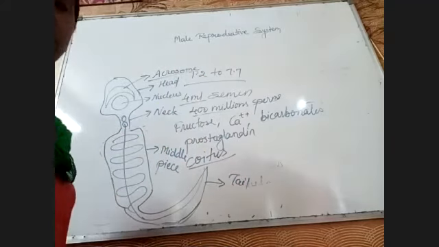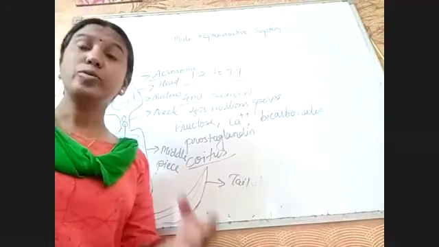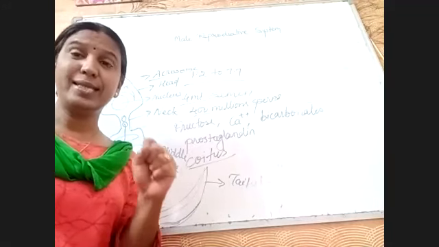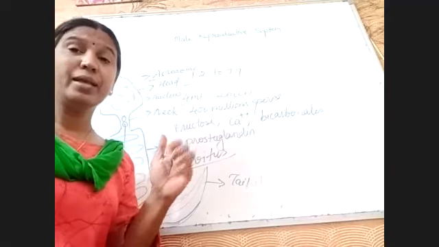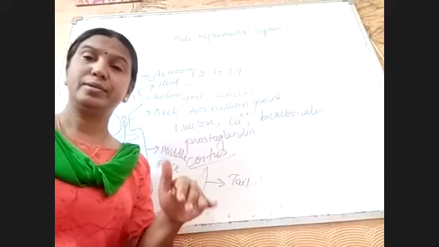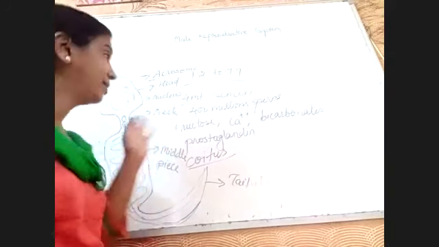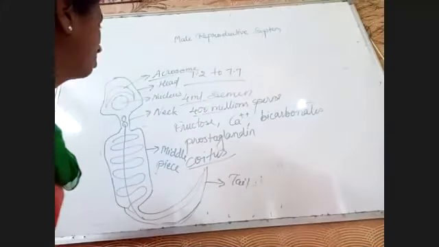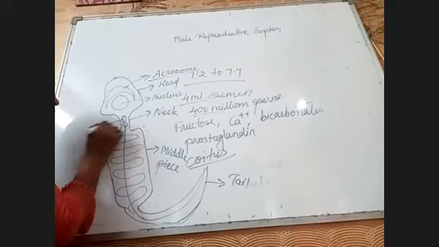This acrosome will release one enzyme, hyaluronidase, which will penetrate the wall of the ovum so that the sperm can enter into the ovum.